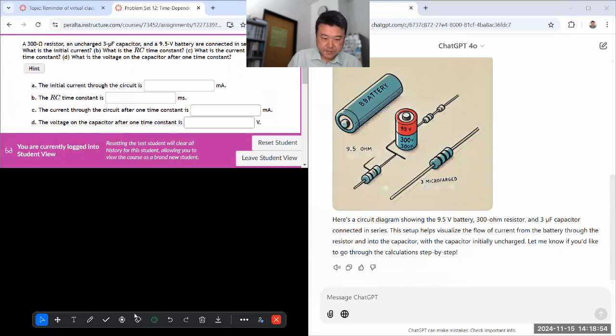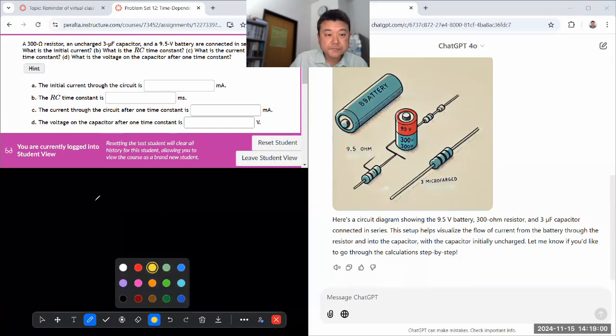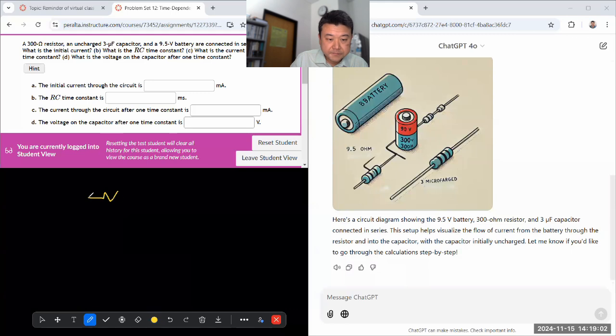So the actually correct circuit would be the resistor, capacitor, and then battery. The direction of the battery I don't think matters for this question.